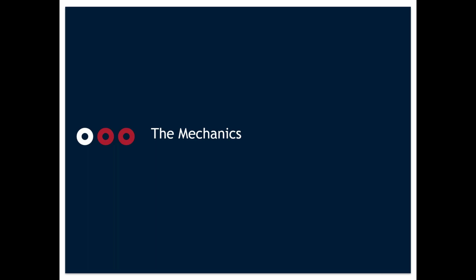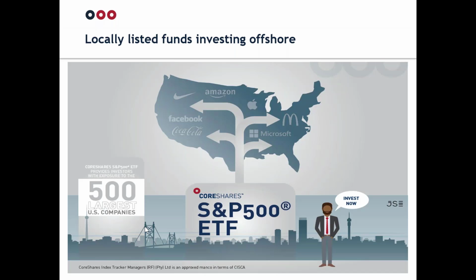And so let's look at the mechanics of what's available on the JSE and how that actually enables you, sitting here in South Africa with your rands, to invest in offshore companies. Again, I'm going to stick with the S&P 500 example for simplicity's sake. So here's our investor sitting here with their rands.